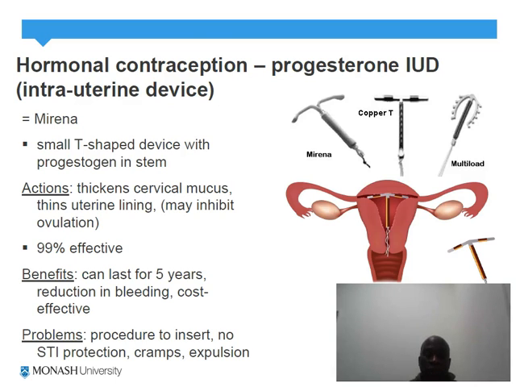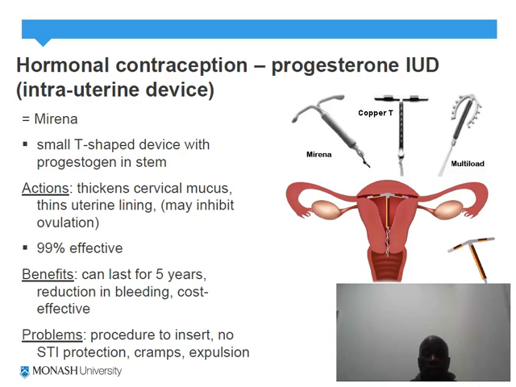That's quite advantageous. However, there are problems associated with IUD. Firstly, the procedure to insert is quite involving, and you need to ensure that the device is inserted in the right position.